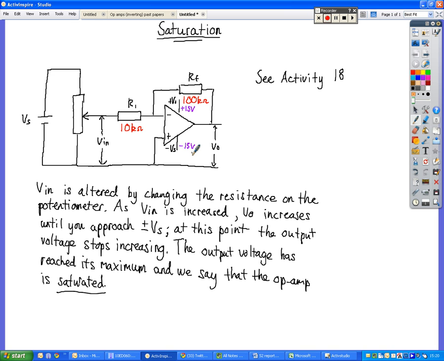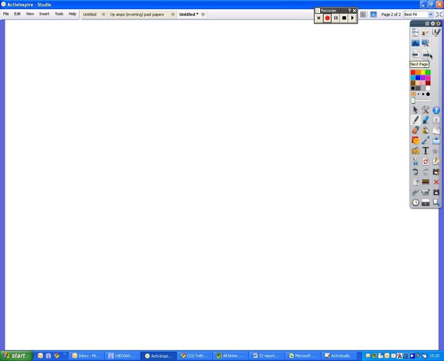If we look at the graph that we plotted, we had the output voltage against the input voltage, and our graph comes out looking something like this.